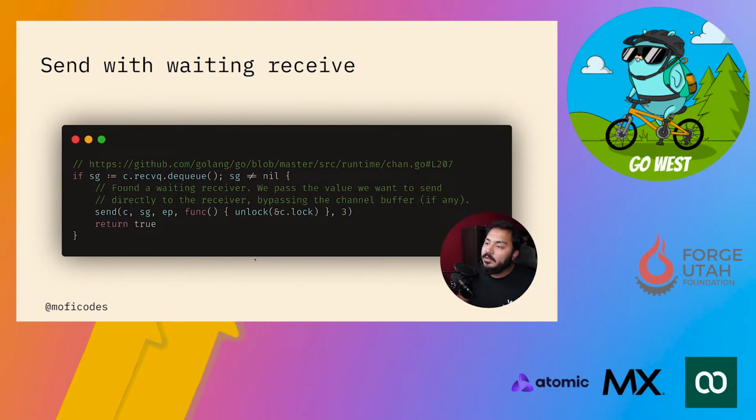If it were to send to the buffer and let the receiver get it from there, that would also have worked, but in this case we are just sending it directly. So what just happened is there is a waiting receiver on the receive queue. We dequeue it, and if it exists, we directly send the data from c to the receiver.